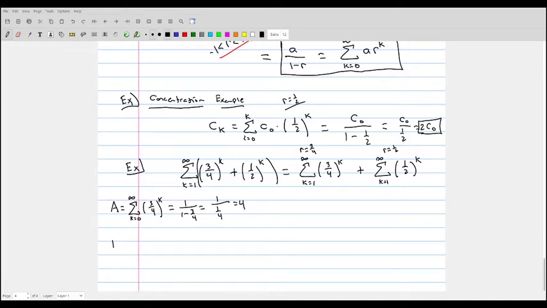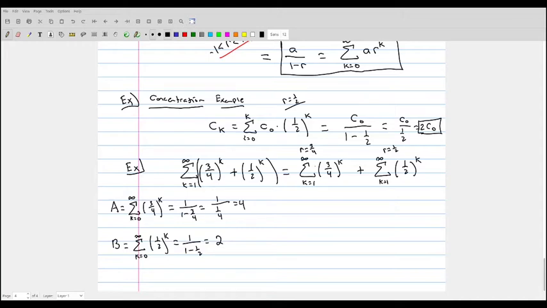And likewise, we'll call B the sum from k equals 0 to infinity of 1/2 to the k. This is going to converge from our formula to 1 over 1 minus 1/2, or 2.